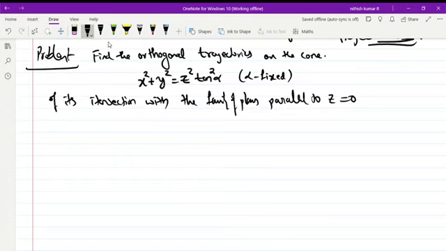So before that, let's draw this cone. Let's try to draw it in a perfect manner.